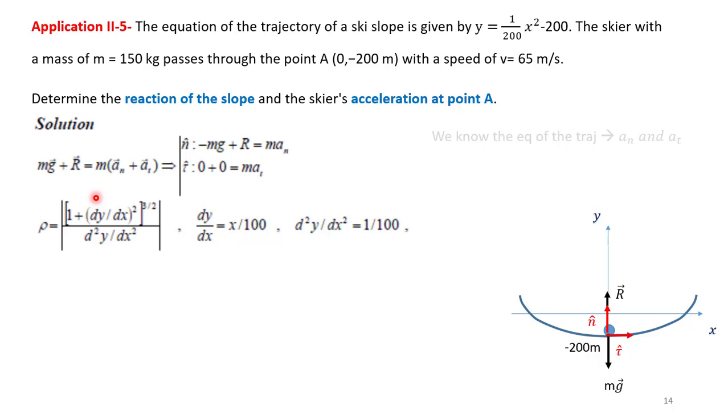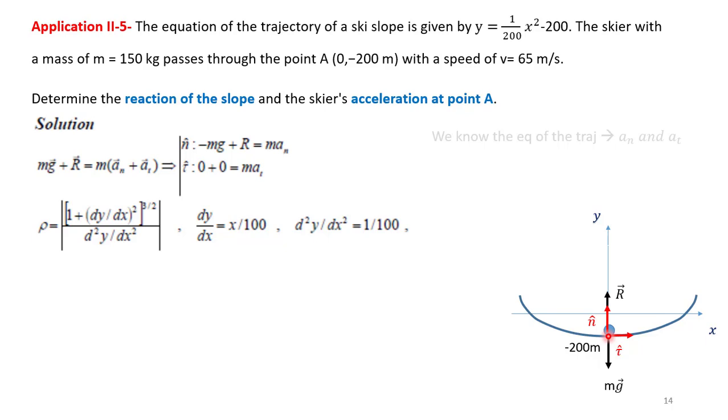So let's start. The sum of the external forces equals ma. The forces are mg and r, the reaction of the slope, and this is equal to ma. I broke down the acceleration into two terms, an, the normal acceleration, and at, the tangential acceleration. Okay, we need to find r. R has only one component along the normal unit vector.